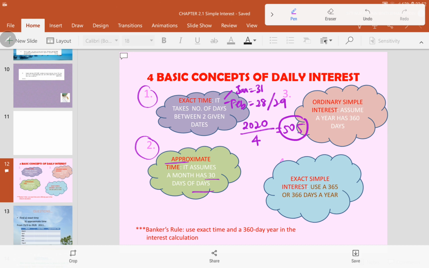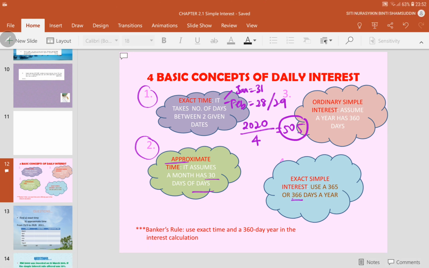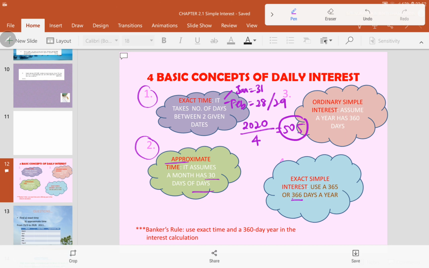If the question mentions using exact simple interest, it means that you have to consider exact time, which means if it is a leap year, the number of days is 366. Tahun lompat, jumlah hari ialah 366 sebab Februari ada 29 hari.